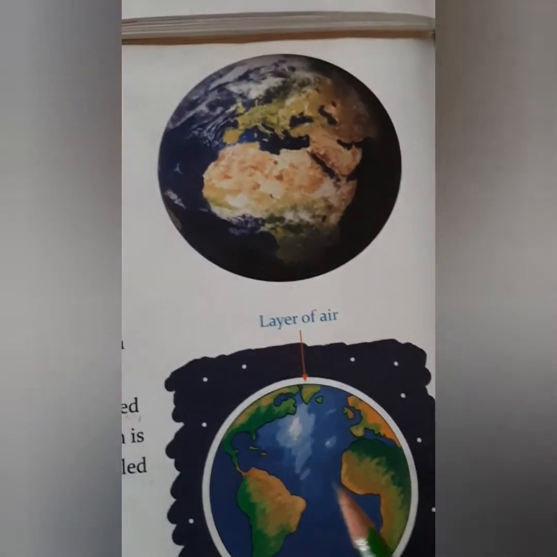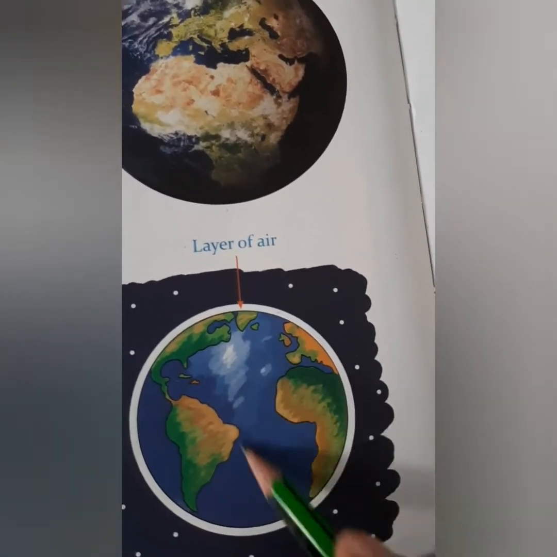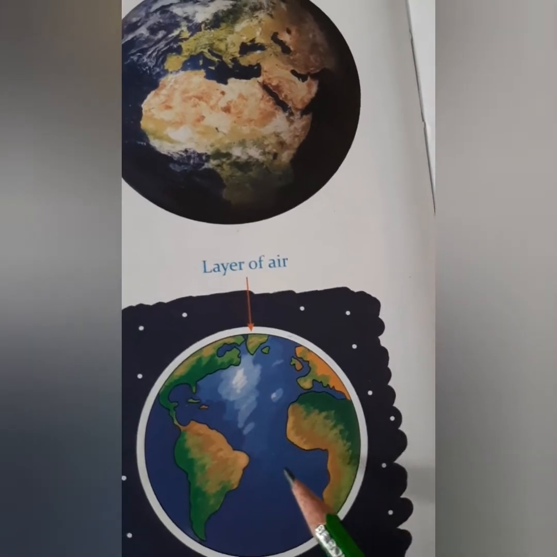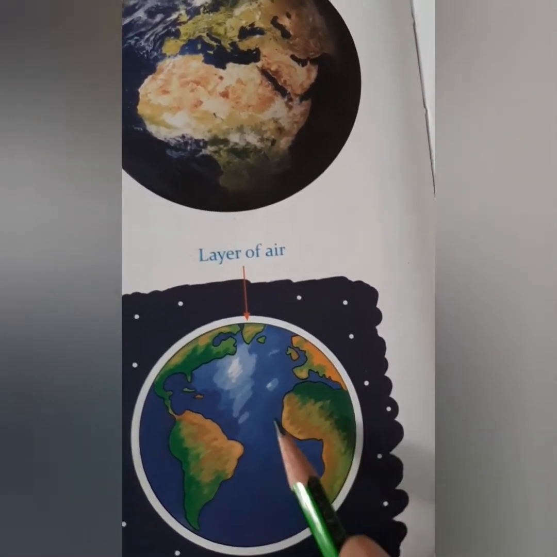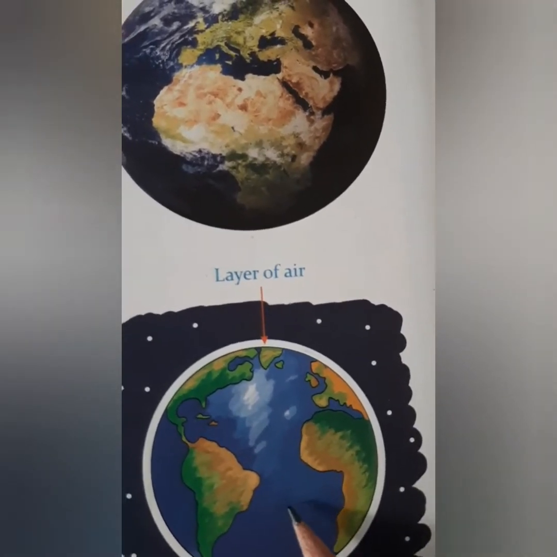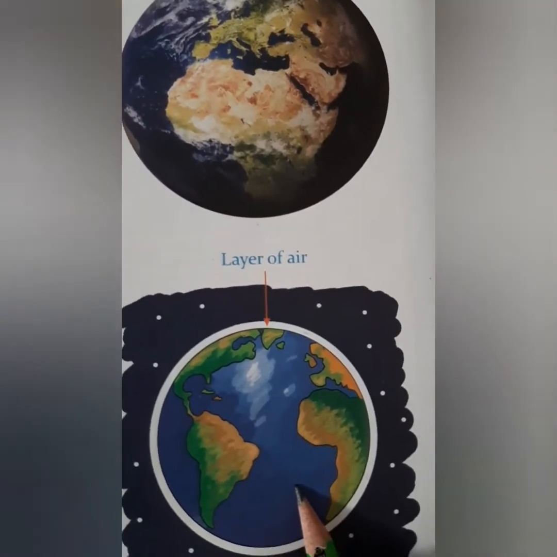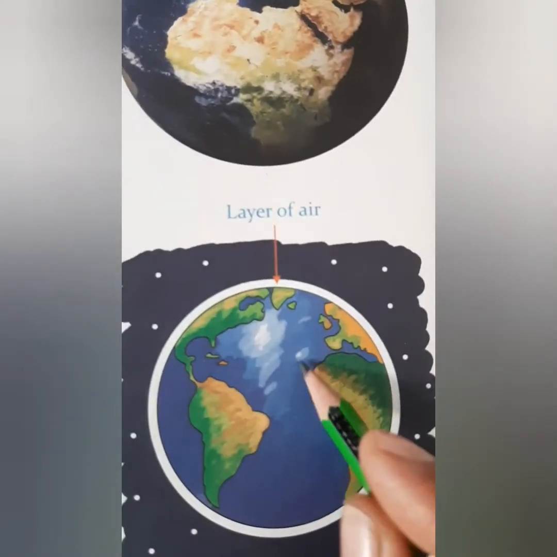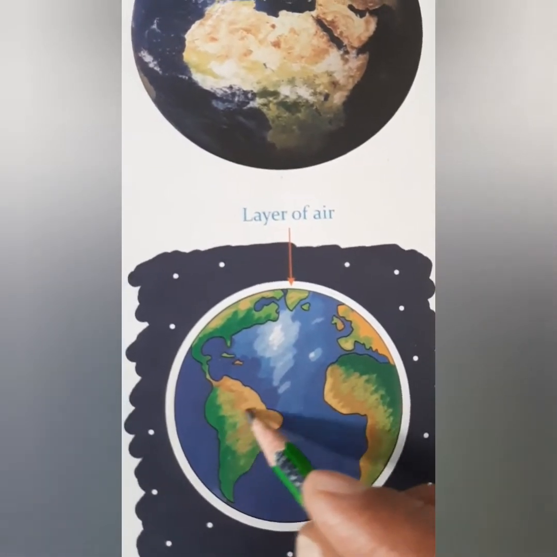So children, our earth is covered with land and water, okay? And most of the earth is covered with water. And the color of water seems blue, okay? That is why it is called blue planet. Can you see this blue part? This is all water and this is green and yellow part.